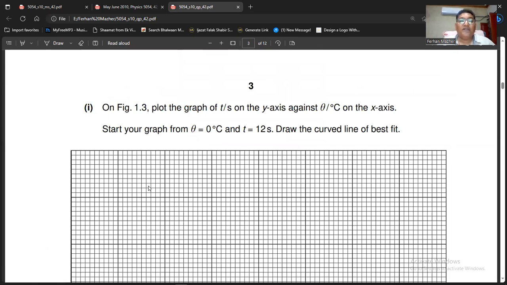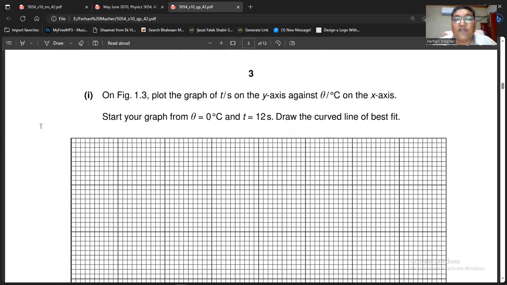On figure 1.3, plot the graph of t in seconds on the y-axis and the temperature theta in degrees centigrade on the x-axis. Start your graph from theta 0 and t 12. Draw the curved line of best fit.